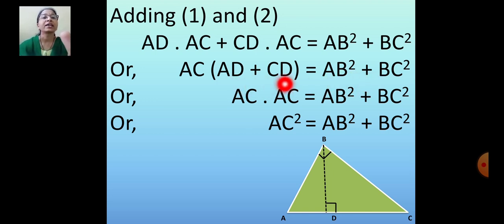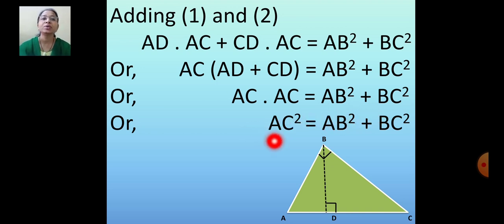Now from the diagram, you just see what AD plus CD is. See, the diagram is given. Since points A, D and C are collinear points, therefore AD plus DC is nothing but total AC. So your equation becomes AC into AC, the bracket also reduces to AC, is equal to the right hand side AB square plus BC square.